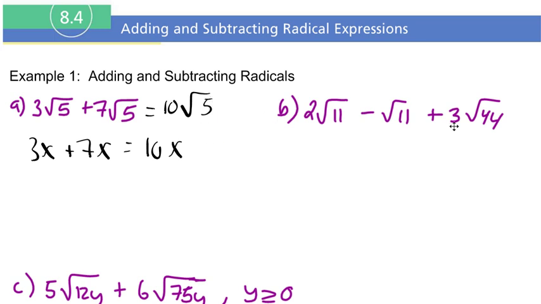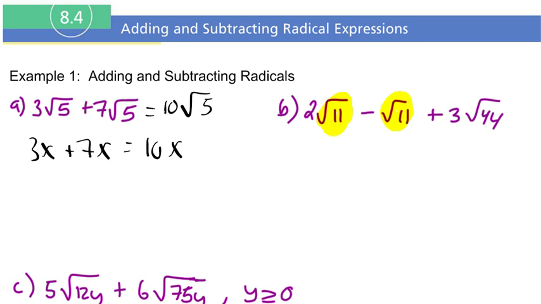All right? Let's move on over here. Right here we have 2 radical 11 minus radical 11 plus 3 radical 44. The first thing we should notice is that these are the same: they have the same index and the same radicand.